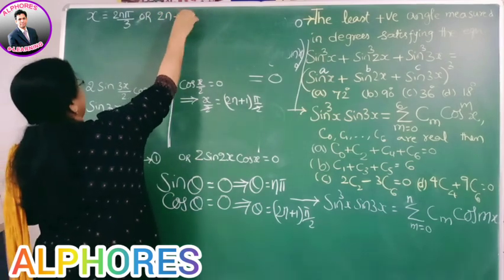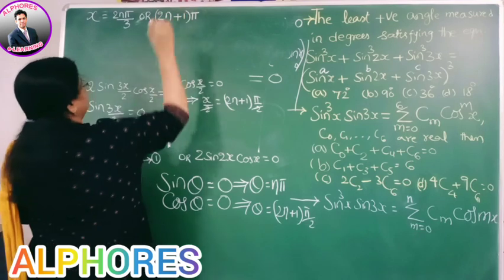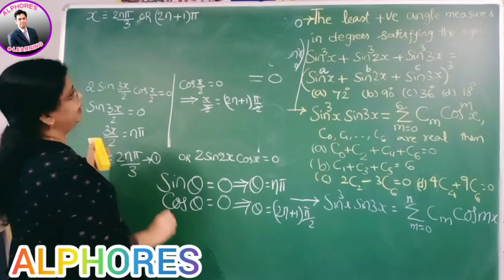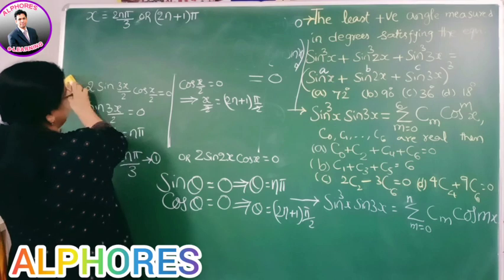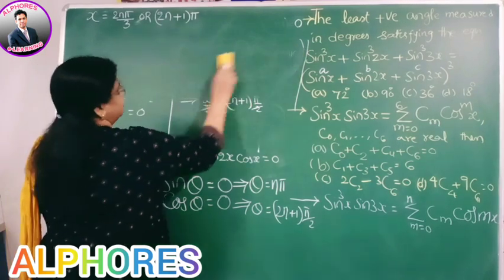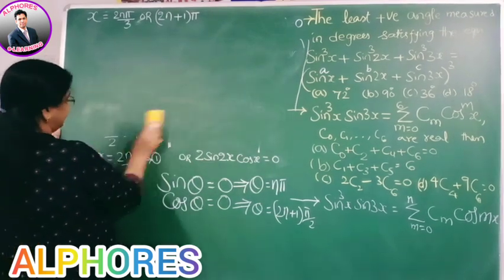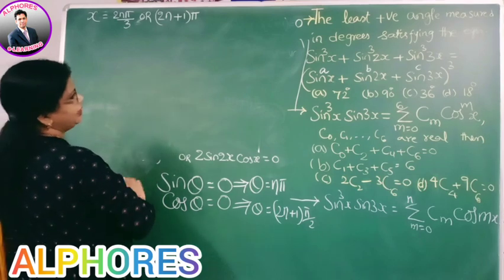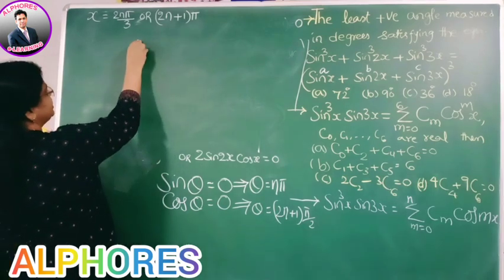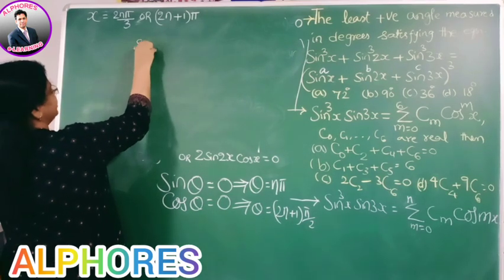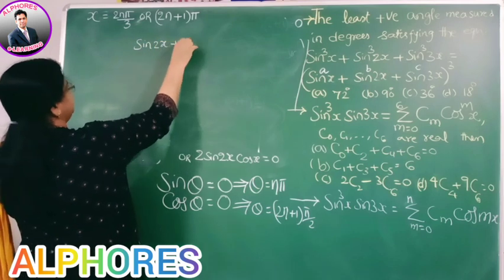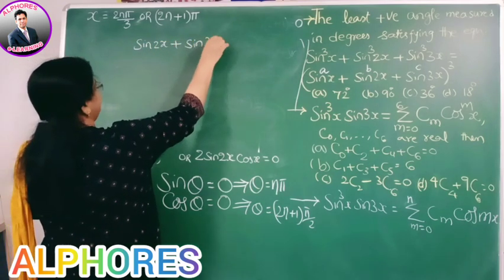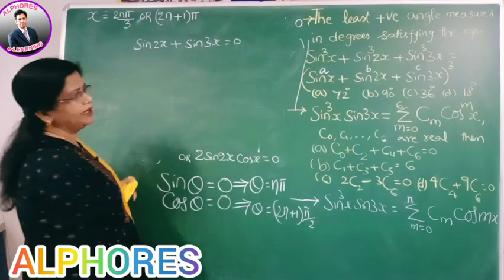So these two values you got from the first bracket, right? And what about the next one, from the second bracket? What is the second bracket value? It is nothing but sin 2x plus sin 3x. Understand, sin 2x plus sin 3x is equal to 0. This is our second bracket.